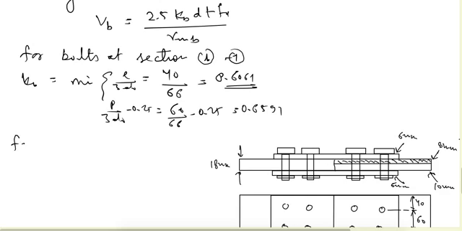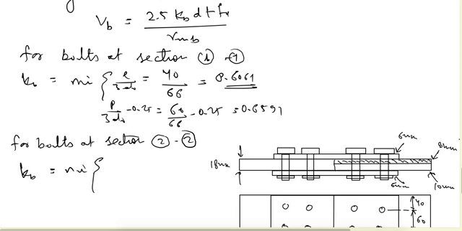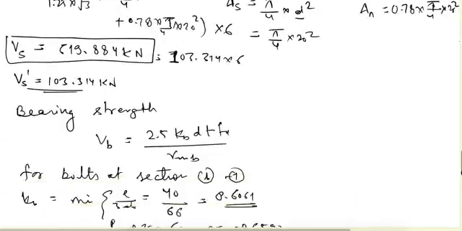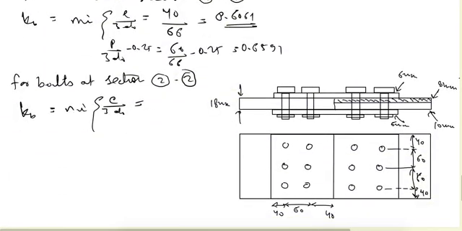But let's see for bolts at section 2-2. So kb would be the minimum of these all. As I said, if we take e upon 3d0, e here becomes 40 plus 60, that is 100 divided by 66, which is greater than 1, so we will neglect this.